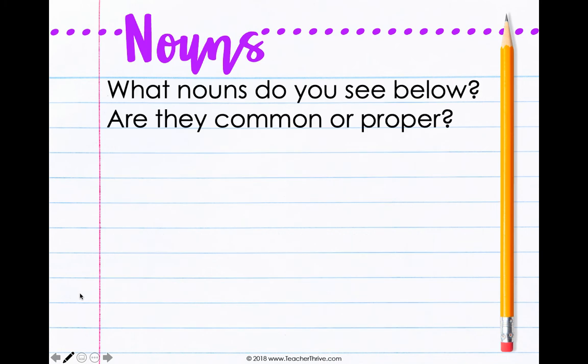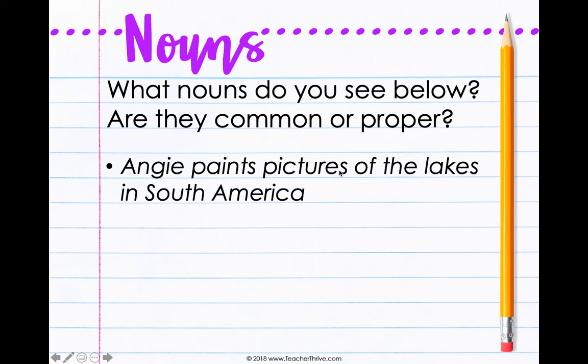Very, very good. All right, let's put it to the test, okay? I'm going to give you some sentences. You're going to write down the nouns that you see, just like we've already done, but this time you're going to tell me, are the nouns common or are they proper? Here we go. Angie paints pictures of the lakes in South America. Read it to you again. Angie paints pictures of the lakes in South America.